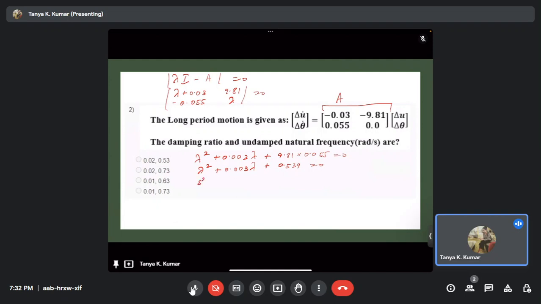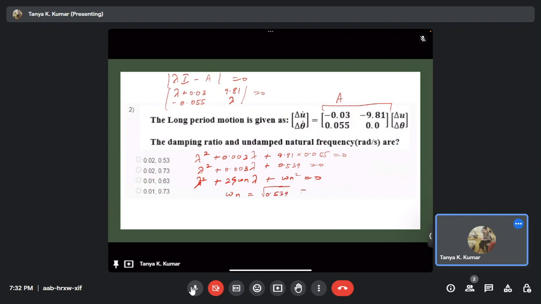Now equate it to a typical second order equation. You take lambda square plus 2 eta omega n lambda plus omega n square equals 0. So omega n is square root of 0.539.